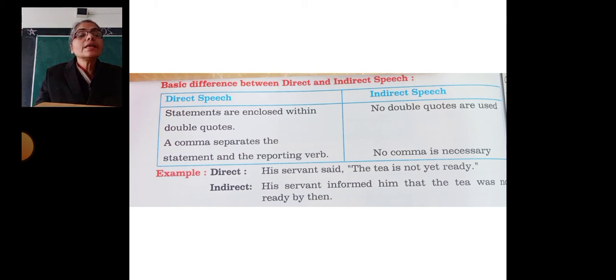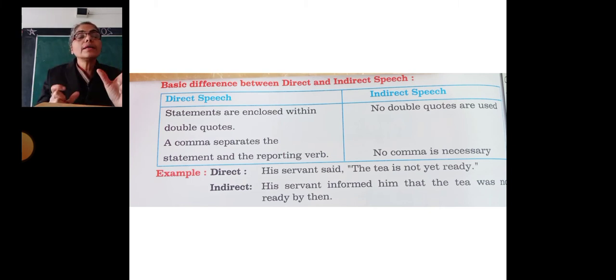His servant said, "The tea is not yet ready." Dear students, till now you have understood the tea is not yet ready. It is put within double quotes. It is an example of direct speech. But in the same sentence, some more words are also written, which are not enclosed within double quotes.